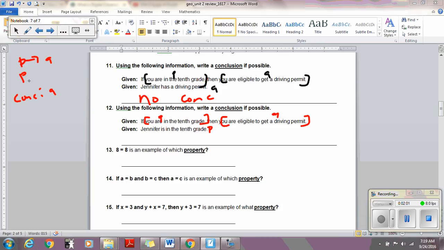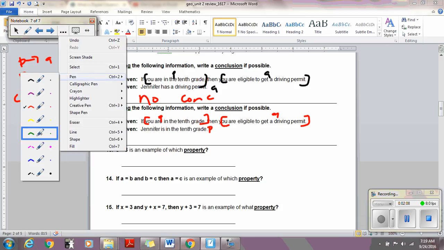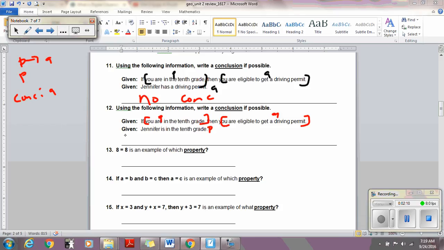P, Q, P. So now we can conclude, based on the law of detachment, that Jennifer is eligible to get a driving permit.